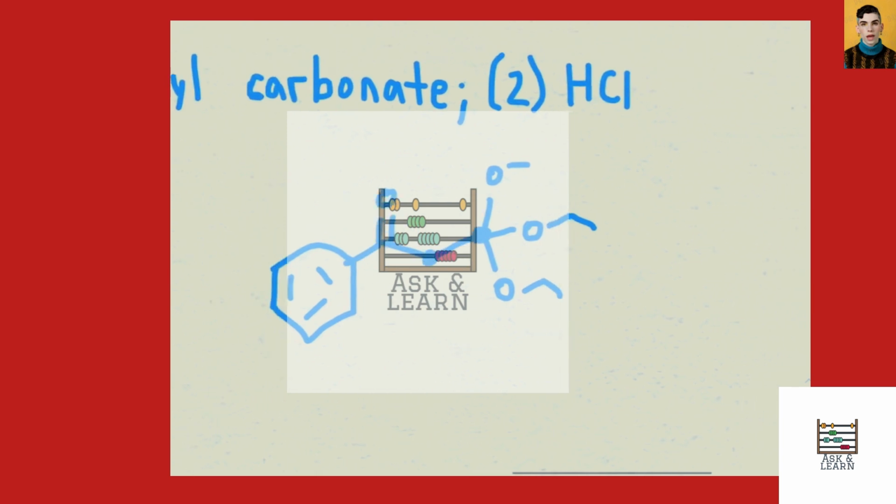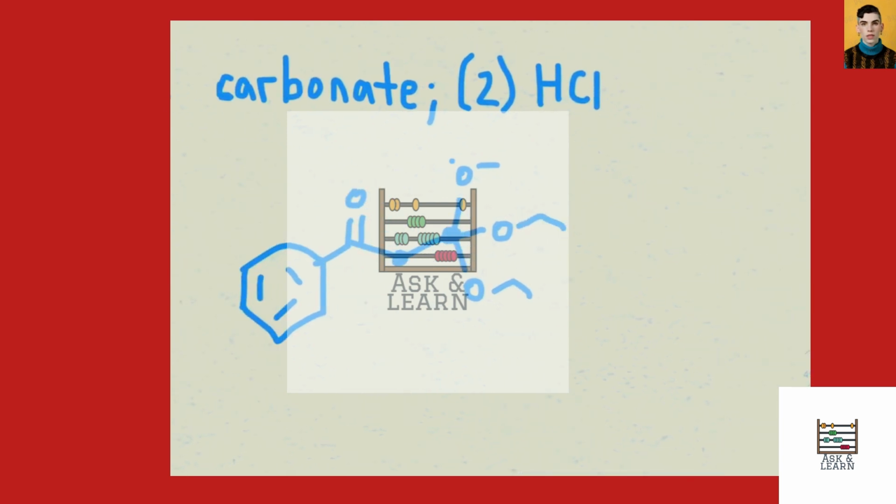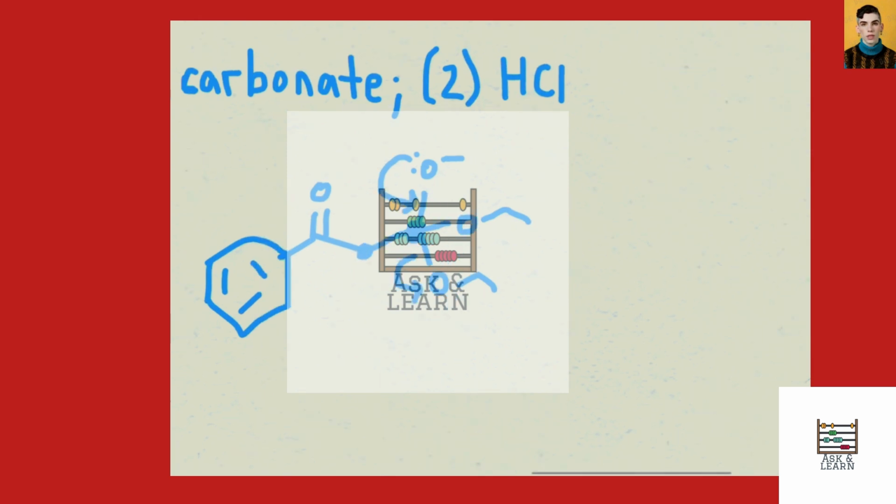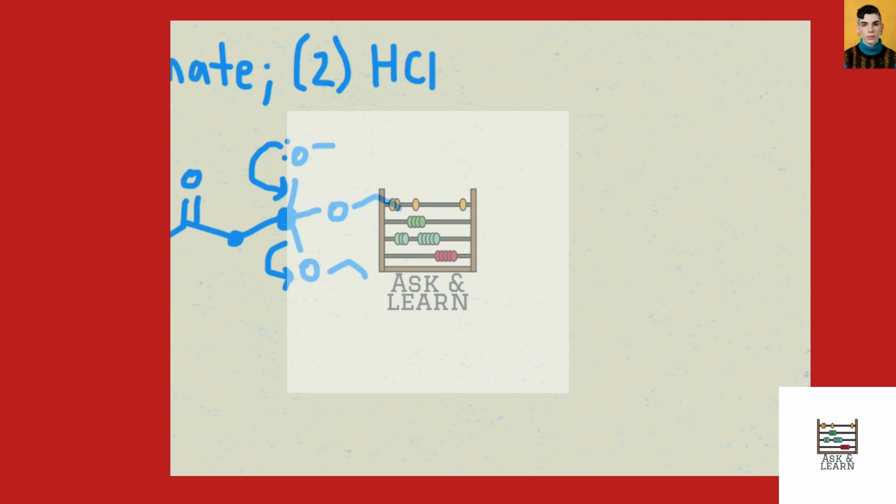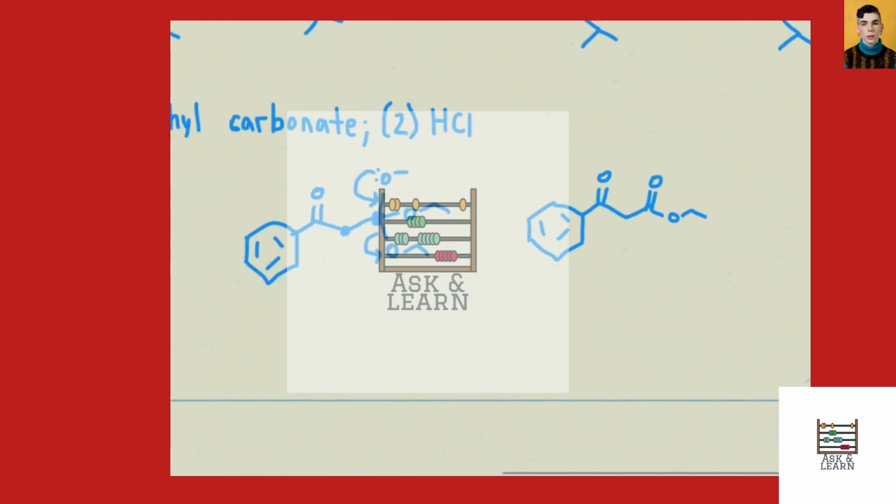Similar to our other Claisen condensations, we're going to have to move the electrons down from this oxygen to make a double bonded oxygen to that carbon, and then again relieve this carbon of its exceeded octet by moving the electrons onto that ethoxide as a leaving group. So the product of that is going to be as follows. I'll have my benzene, my carbonyl, unaffected, and over here my other carbonyl, connected to my ethoxide, in the form of an ester.